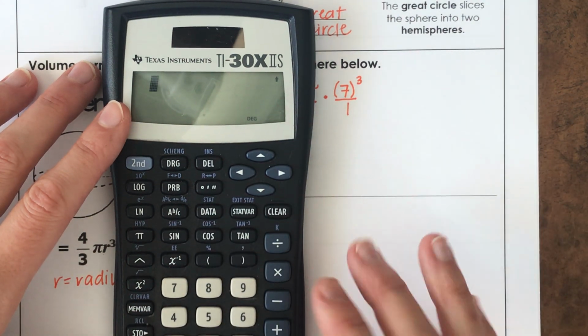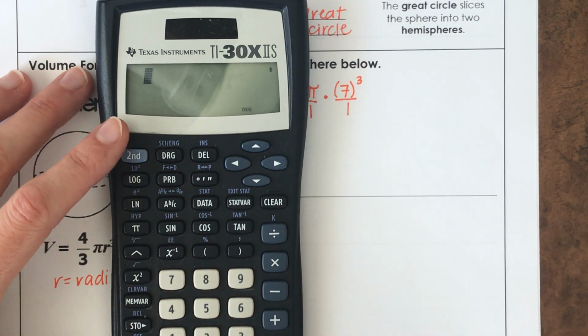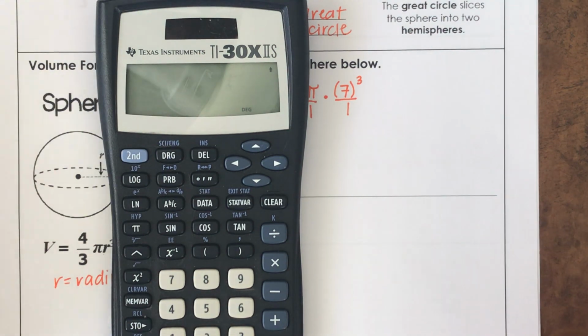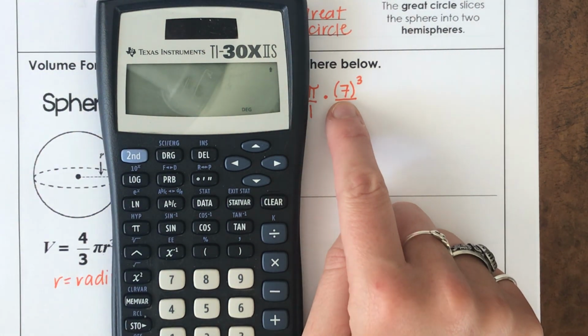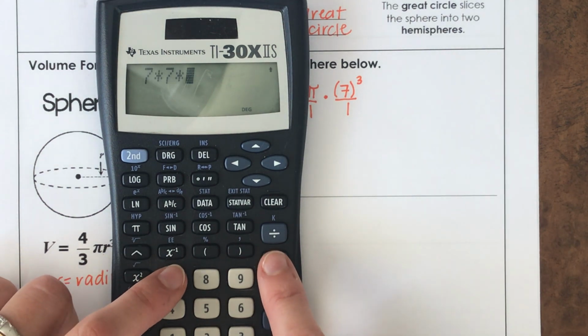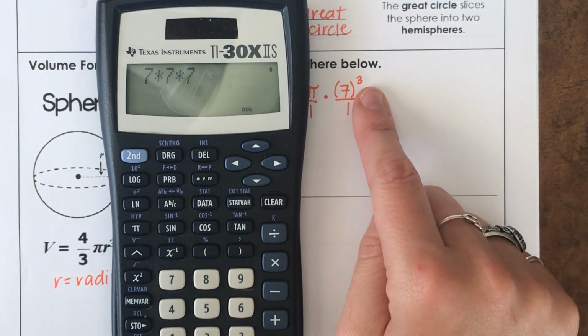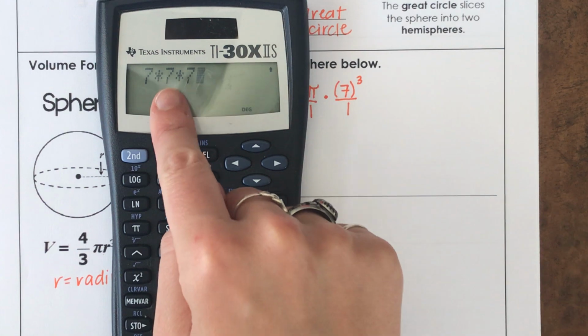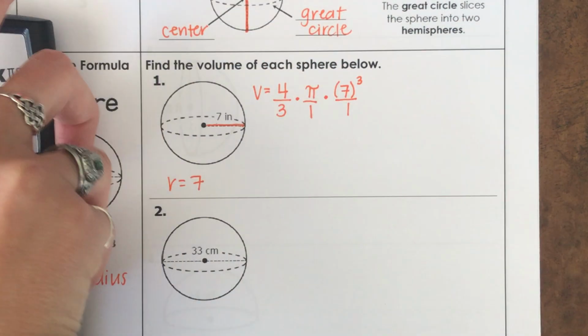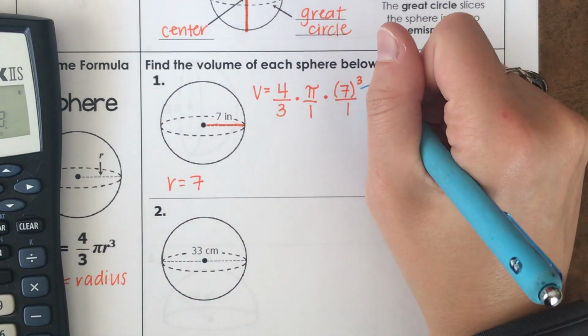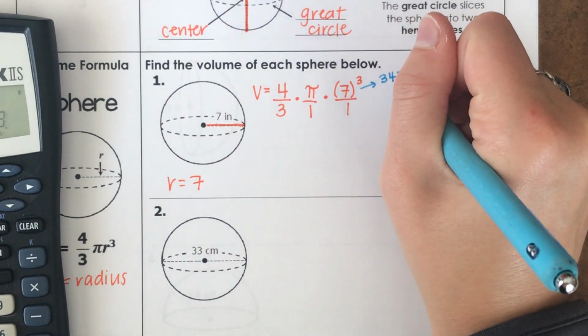If you don't have that, you can always just do 7 times 7 times 7, 7 three times. That's the same thing as 7 cubed, so if you can't find that button, this is an okay way to go about it too. So 7 cubed is 343.